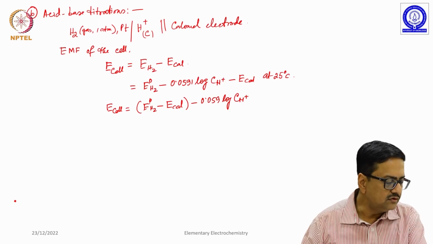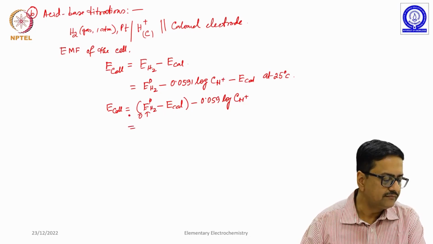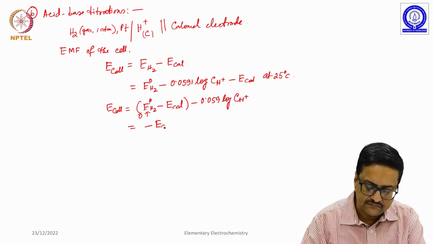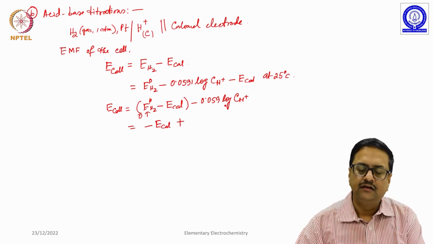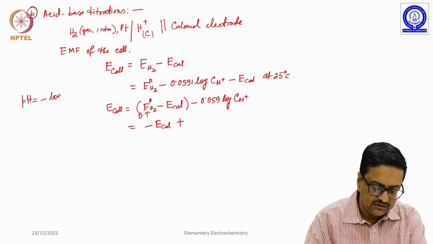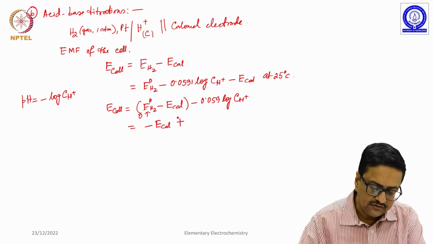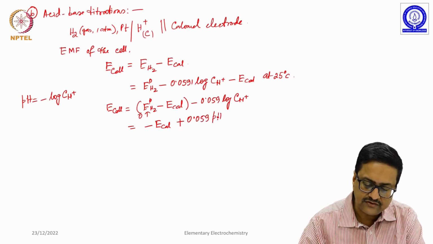And now, what you know is that this E0 is 0. So, this is the minus E calomel, then I put a plus sign and you know that pH equals minus log concentration of H plus, right. So, we can write it as 0.059 into pH.